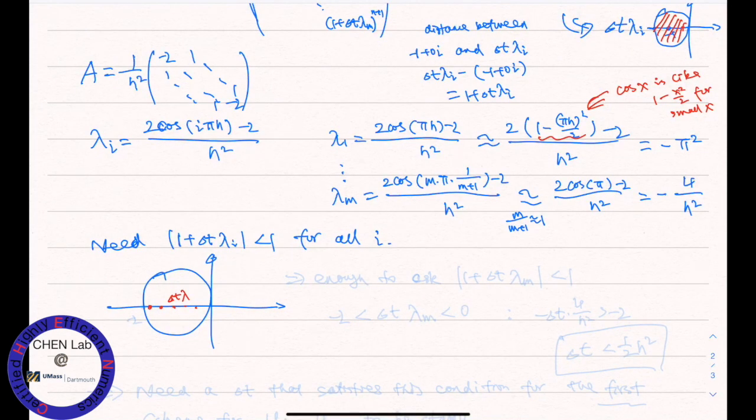Because the absolute value of lambda m is the largest, it is enough to ask for 1 plus delta t lambda m to be less than 1. In other words, we ask delta t lambda m, which we know is negative, to be larger than -2.